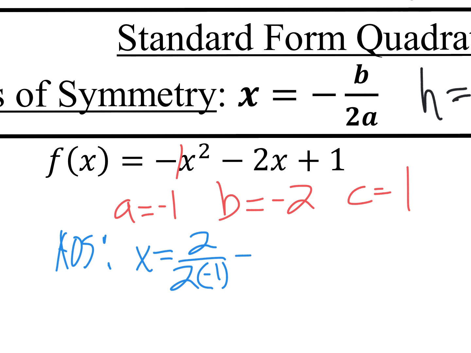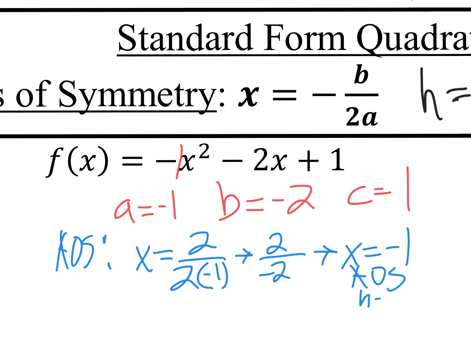So this is 2 over, 2 times negative 1 is negative 2. So 2 over negative 2, that's going to make negative 1. So I have an axis of symmetry at x equals negative 1. In other words, that's also your h value.